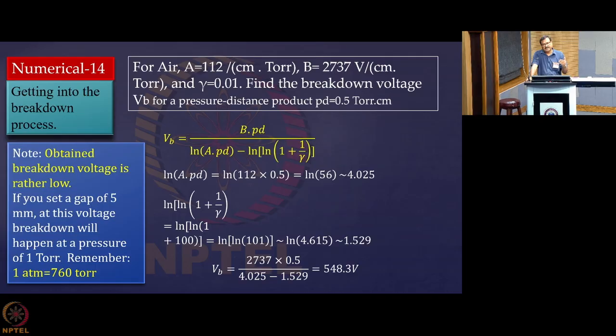So unless you apply a much higher voltage, you will not be able to impart that much energy to an electron as it travels the mean free path, so that it gets sufficient energy to cause ionization. So that is the reason.